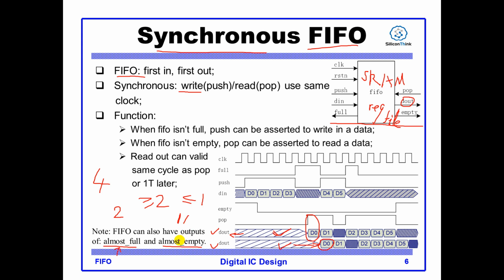Of course, you can also set the almost empty threshold to 2 or 3. Okay. You can imagine the setting of the threshold value for almost full and almost empty. Maybe use the parameter syntax in Verilog.